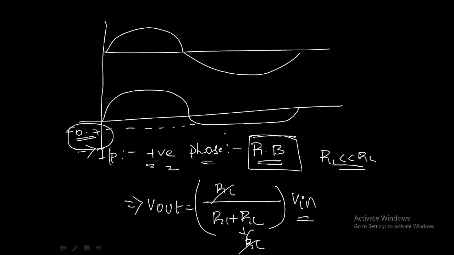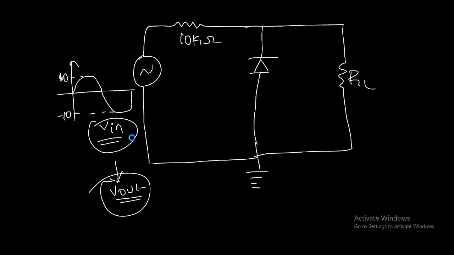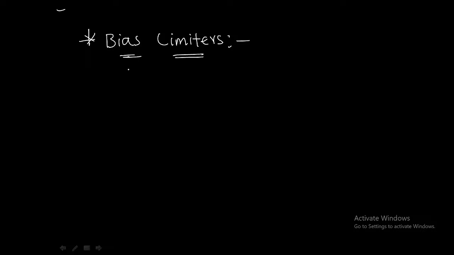In the normal positive clippers and negative clippers, 0.7 volts was the voltage you were getting. So how to get a voltage greater than 0.7 volts? You can use bias limiters.